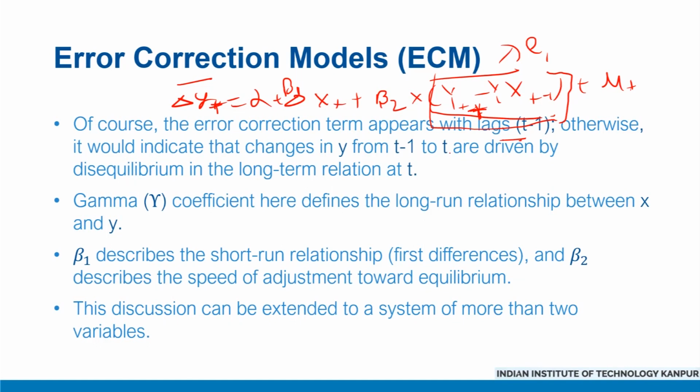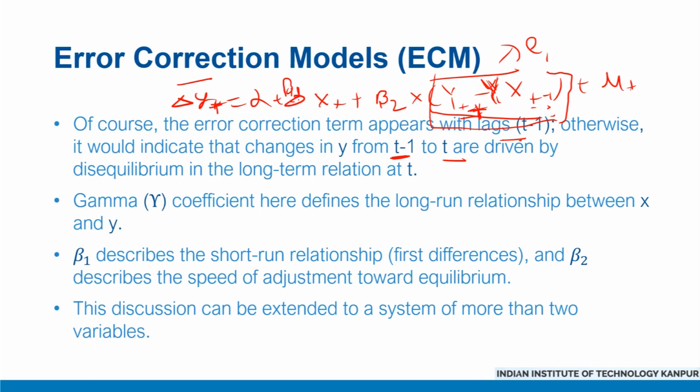That means changes at time t are driven by equilibrium deviations at t minus 1. That is logical. Second, you have a gamma coefficient here which captures the long-term relationship between yt and xt minus 1. Obviously, depending upon the sign, you can get the impression about the relationship, but the magnitude of this coefficient gives you the long-term relationship between x and y.